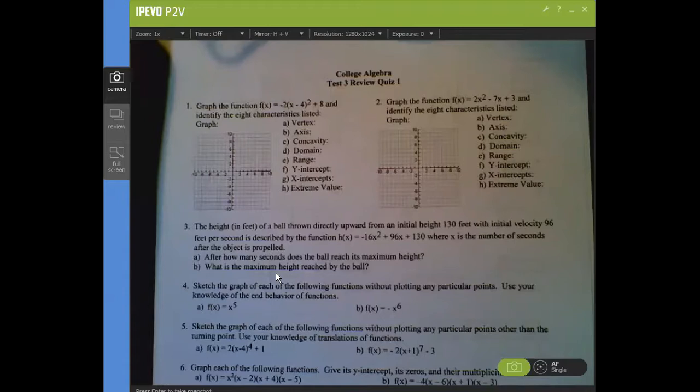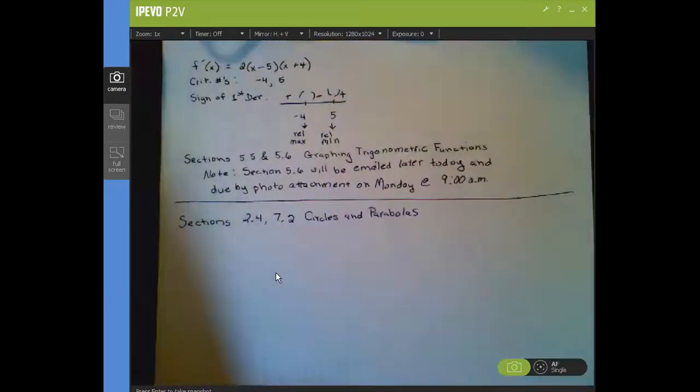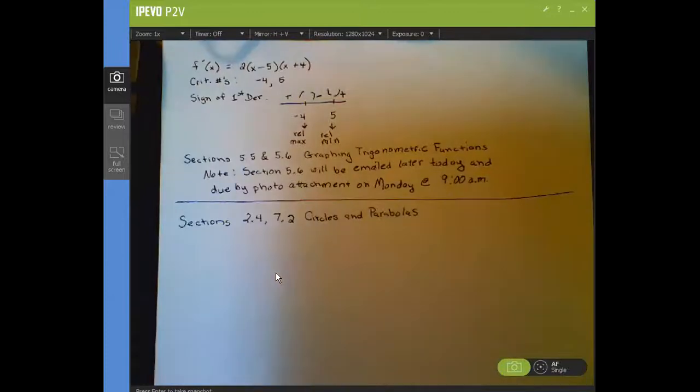But as always, the MyMathLab practice test is the one that counts as a quiz. And in this one, the test will look more like that since it's online. Any questions about the test? Everybody good? Somebody say I'm good. I'm good. Good. All right.